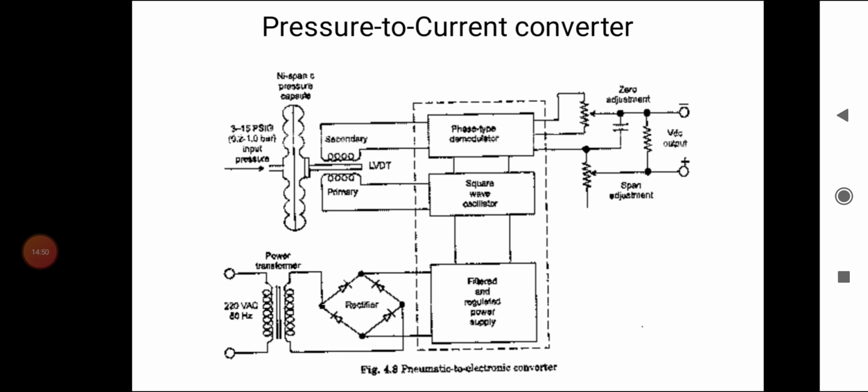A 230 volts, 50 Hz signal is applied to the primary winding of the power transformer. The secondary winding is connected to the four arms of the bridge rectifier circuit.